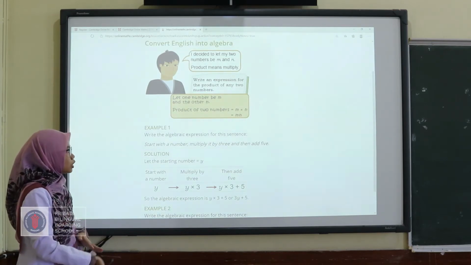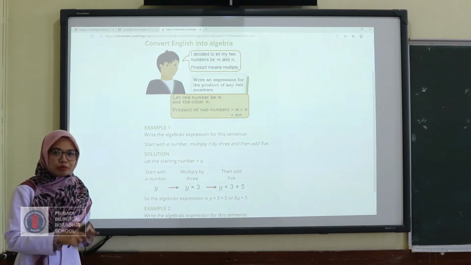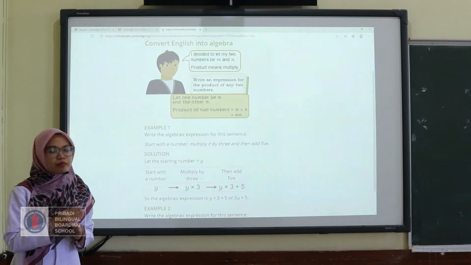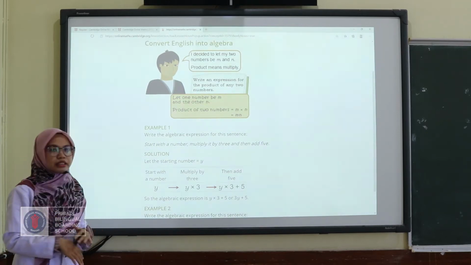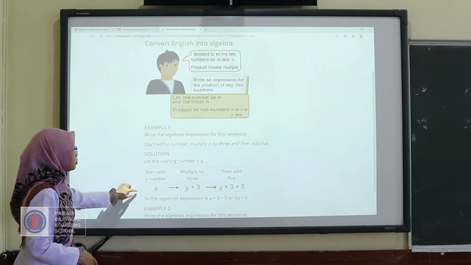So, the product of two numbers will be M times N. In algebra, we don't need to write the multiplication sign. Instead, we can just write mn.